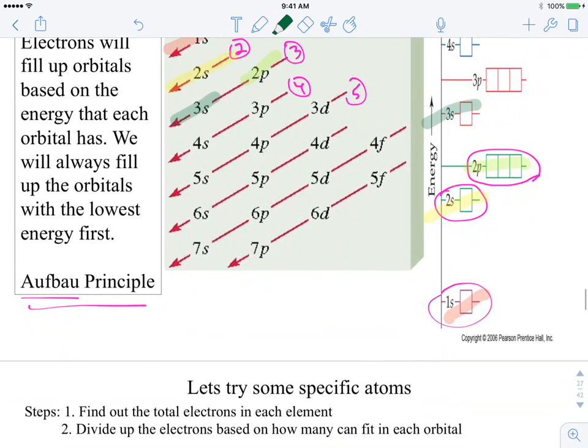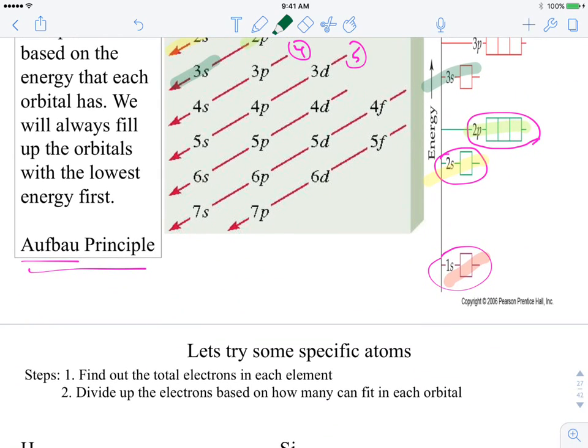Now remember, when we look at the sublevels S, P, D, and F: S has 1 orbital and can hold 2 electrons. P has 3 orbitals and can hold 6 electrons.